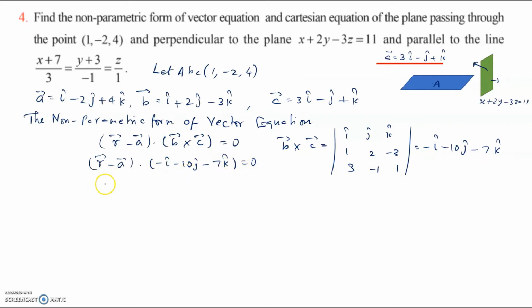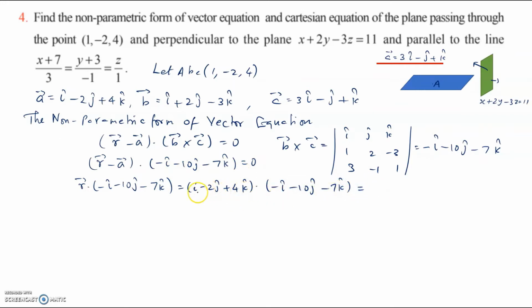Further rearranging this, we can rewrite this as R vector dot product with minus i cap minus 10 j cap minus 7 k cap is equal to vector A, which is i cap minus 2j cap plus 4k cap, dot product with B cross C, which will be minus i cap minus 10j cap minus 7k cap.